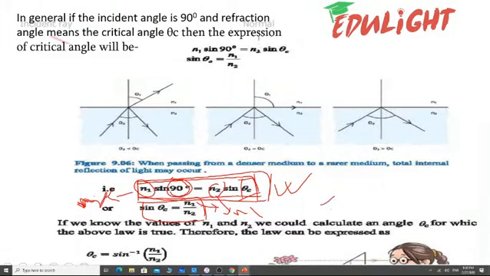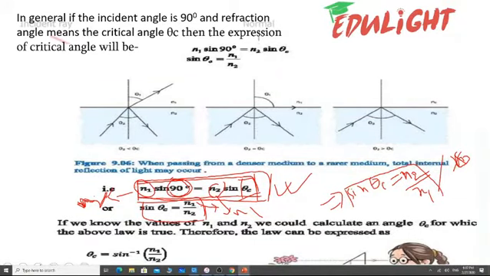Then what will happen here? Sin theta c will be eta 2 divided by eta 1. Eta 1 or n, by whichever expression you denote it. Sin theta c will be what?